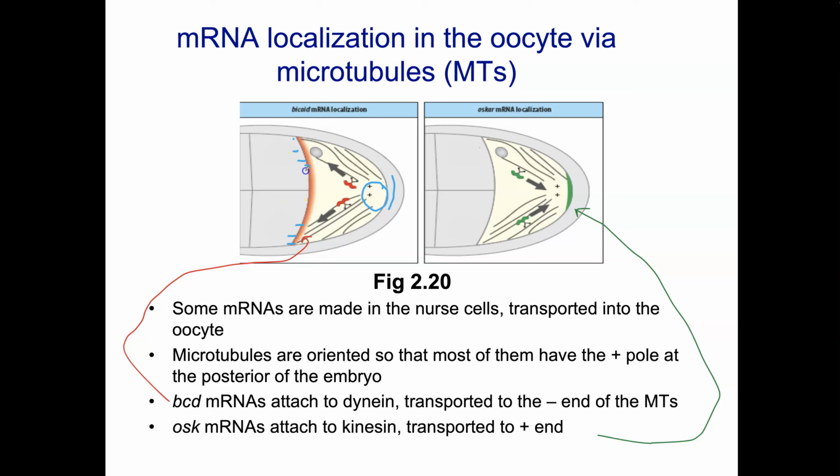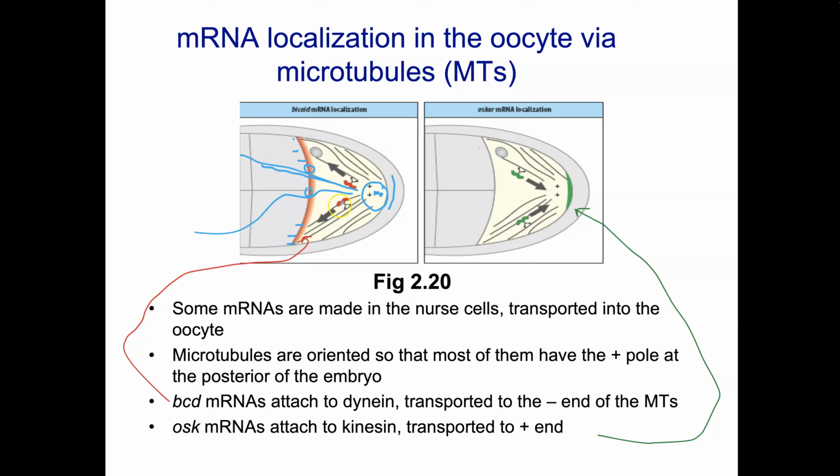So don't forget there are these ring canals. Some of the microtubules actually also extend into the nurse cells. And so a lot of mRNAs, some of them may be made in the nurse cells, and they make their way through these microtubules to where the microtubule organizing center is.